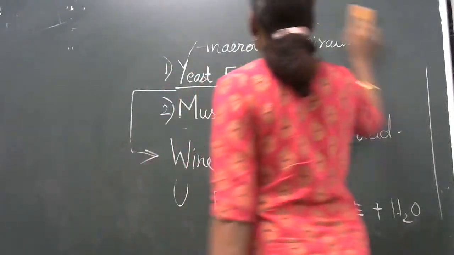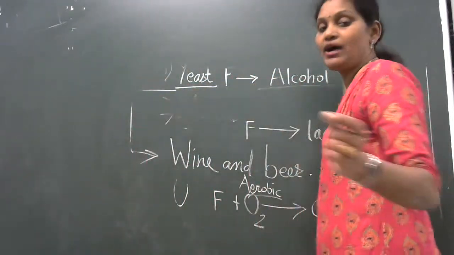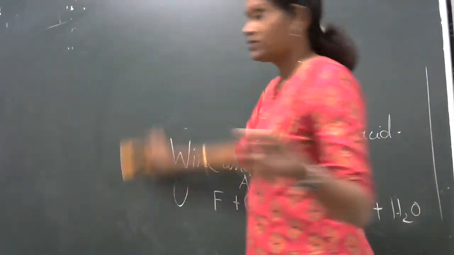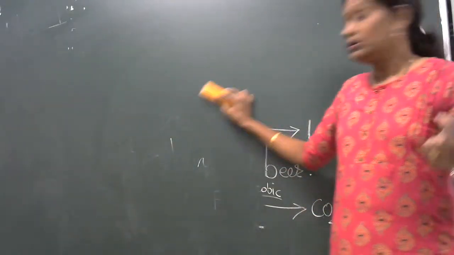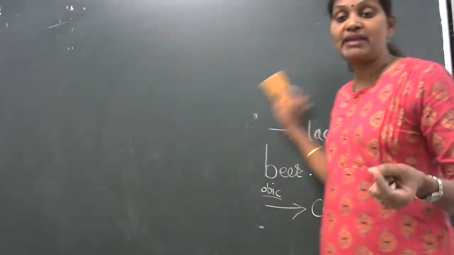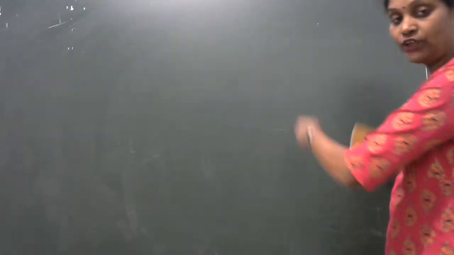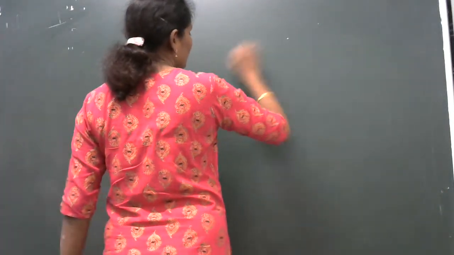Okay, everyone has understood now? No doubts? Aerobic, anaerobic, cellular. Cellular means the respiration that is taking place in our cell. And all this we were talking about was cellular respiration only, that is taking place in the cell.